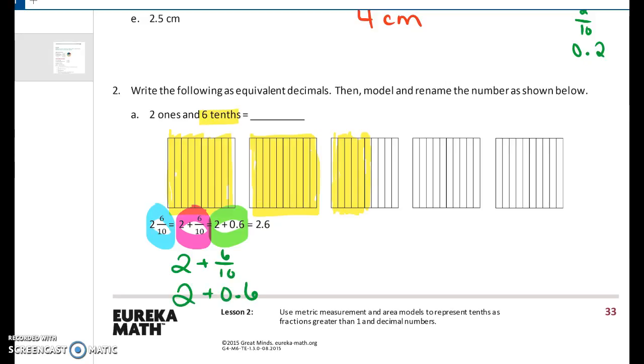Does everybody understand that? Yes. And then they know that from there, they have 2.6. Does everybody feel good? Good. So what I would write in this line is that 2 ones and 6/10 equals 2 and 6/10, and that equals 2.6, also known as 2 and 6/10.